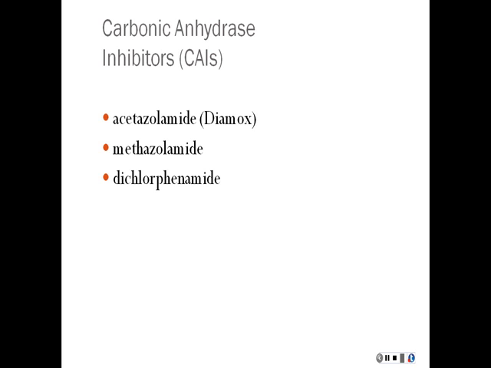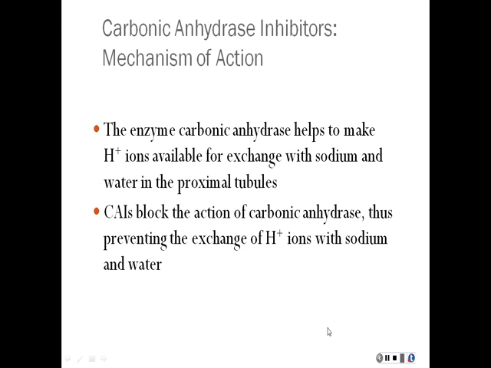So first let's talk about the carbonic anhydrase inhibitors, or CAIs. The most common of these is Diamox. They are a chemical derivative of sulfonamide antibiotics, and they inhibit the activity of carbonic anhydrase, which works at the location of the carbonic anhydrase enzyme system, primarily in the proximal tubule.